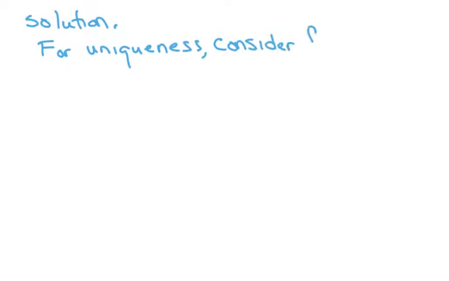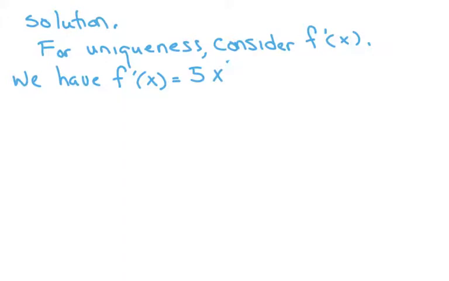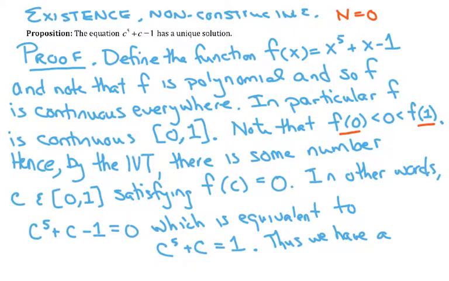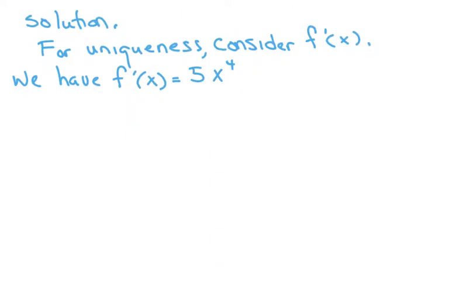Now we have to talk about uniqueness. We're going to look at the derivative. What does it look like? 5x to the fourth, I believe. I should actually look at my function over here. 5x to the fourth plus 1.